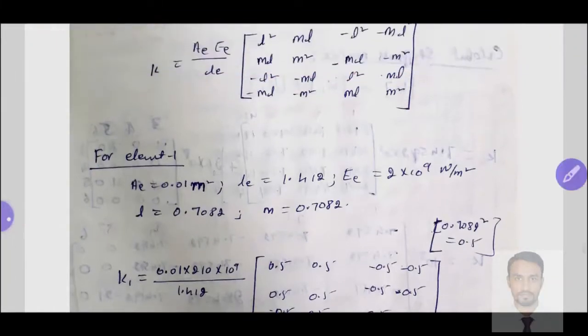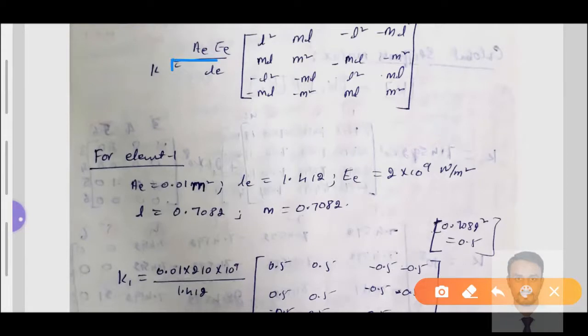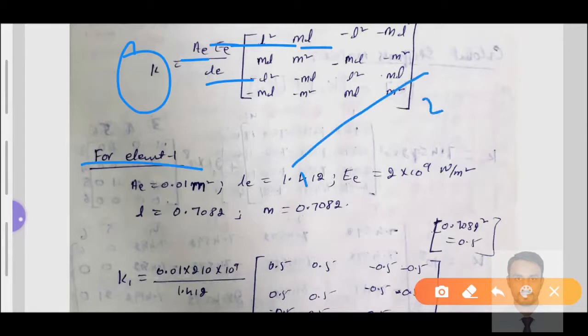Then we have element number 1. We need to get element number 1, meaning E is equal to 1. Then A1, E1, L1. We need to take all the values from the elemental data. See here, LM, we need to take A, E, LE. So to get the elemental stiffness matrix for element number 1, that element number 1 lies between 1 and 2. Then we'll go for element number 2. First we'll find this one, right?